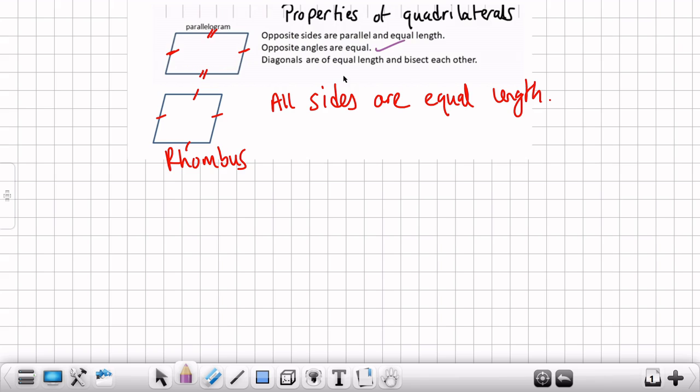Just like here, opposite angles, like this is opposite to this, it's the same size, and this is opposite to this, they're the same size, right? Here, exactly the same. This is the same size as this, opposite angles are equal, and then this one is equal to this one. So you write down opposite angles are equal.